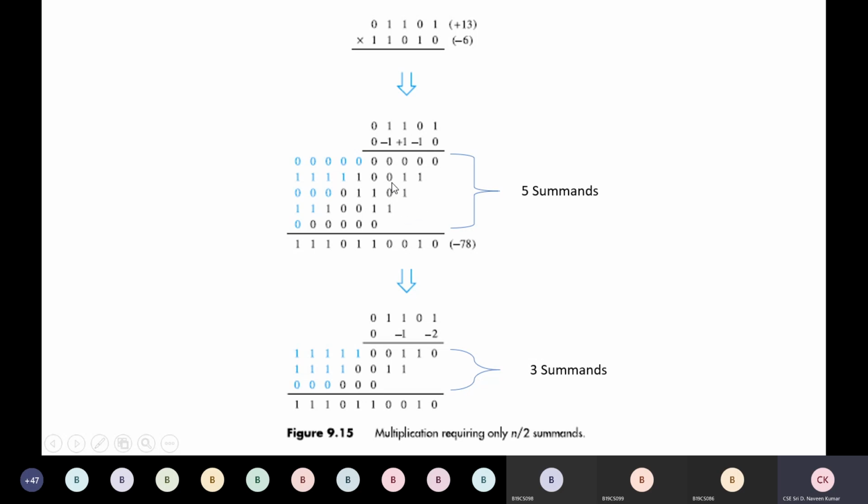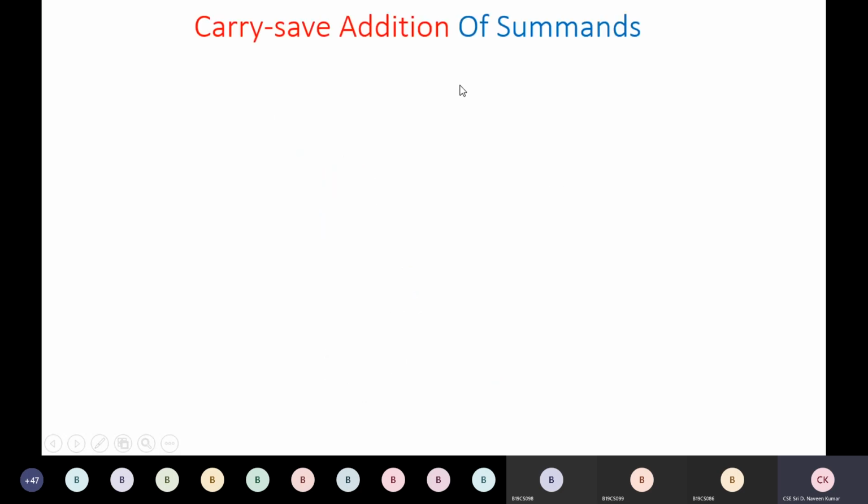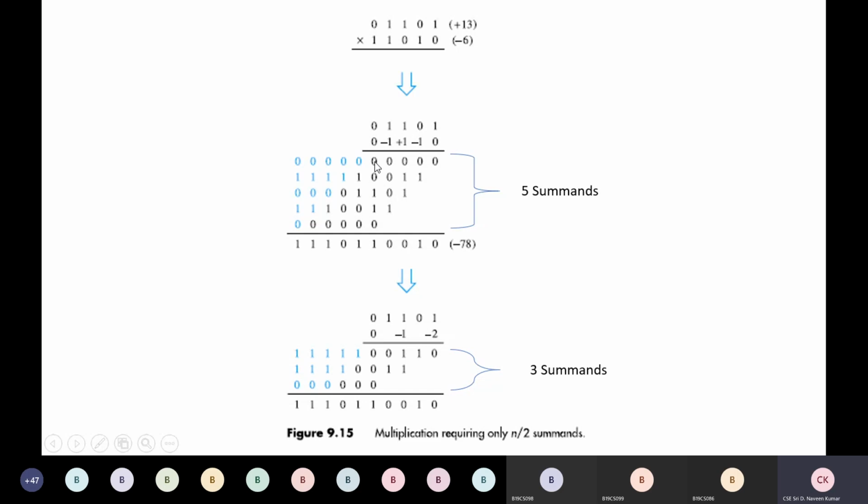Okay, so this is our present topic, carry save addition of summands, how we add these summands effectively so that we can make the addition process faster. So the technique we have is carry save addition of summands. How do we add these summands quickly?